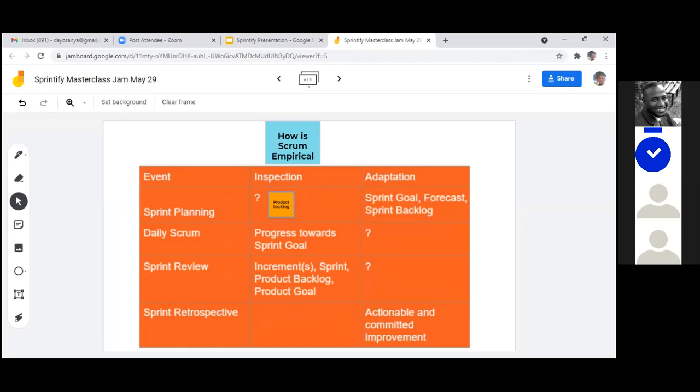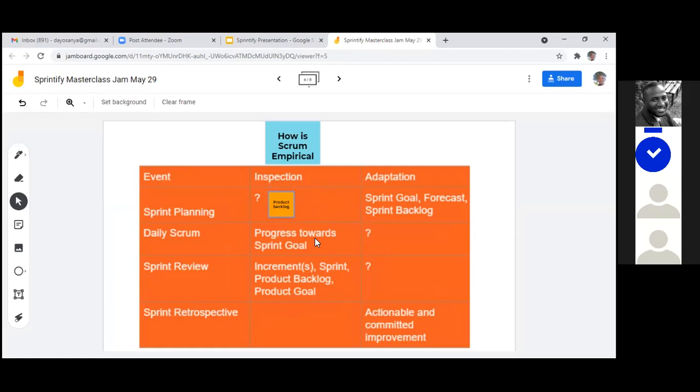So during the sprint planning, the inspection is the product backlog. What is the adaptation? From here, they get the sprint goal, they do their focus, and they get the sprint backlog.